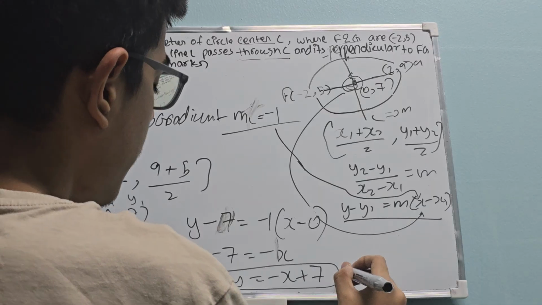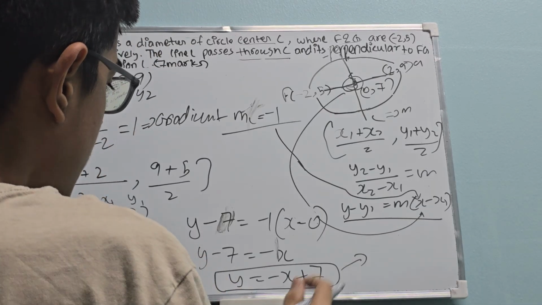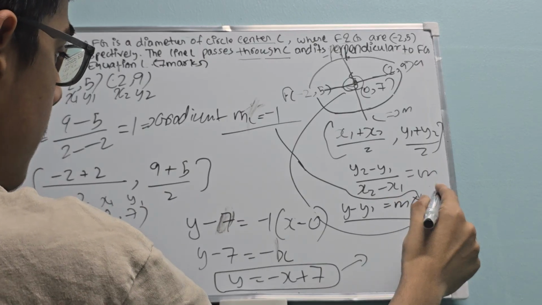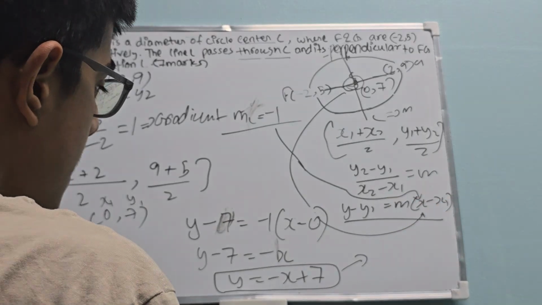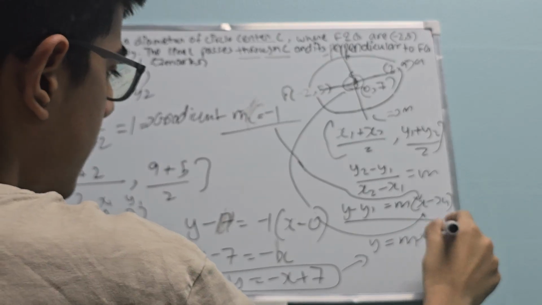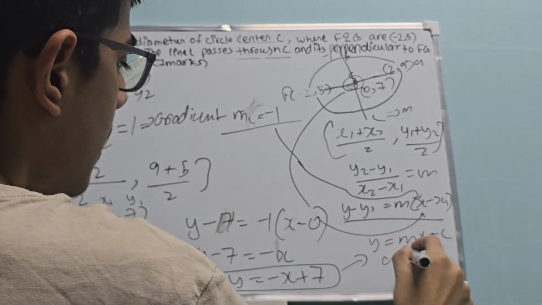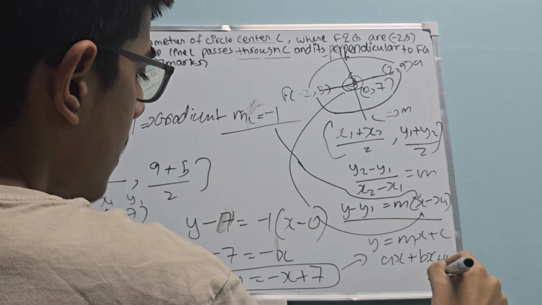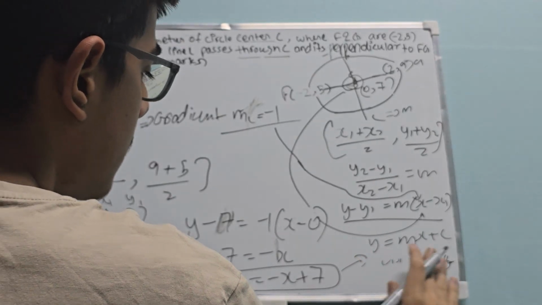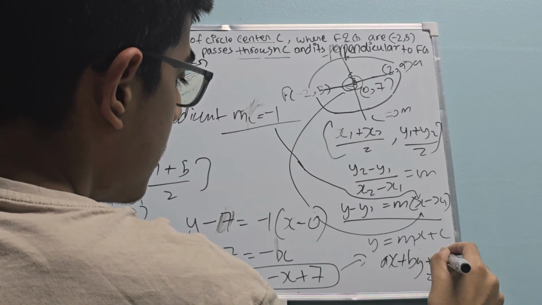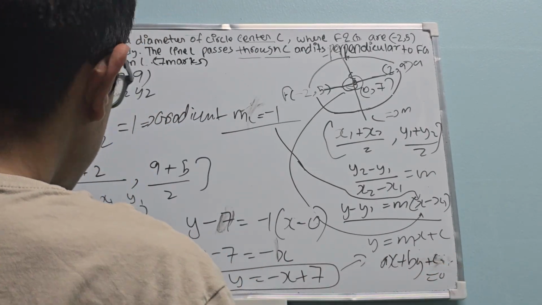That is our final answer. Just take the 0 and 7, put them into the formula, and rearrange in the form y equals mx plus c, or you can do ax plus by plus c equals 0. This is the final answer.